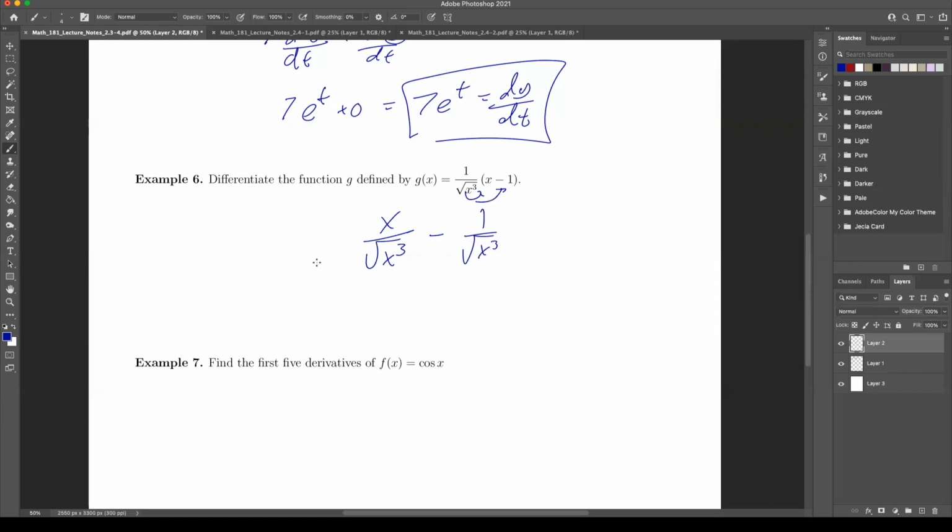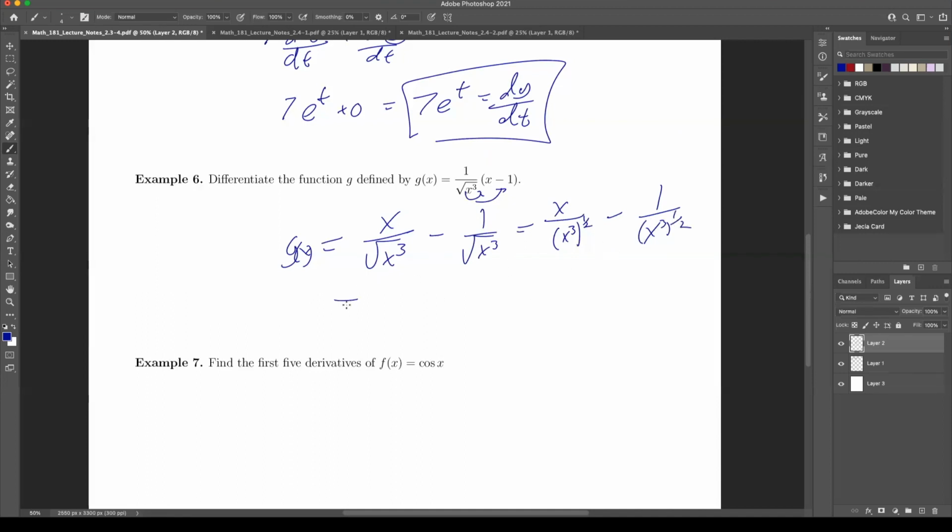The second thing I'll do, even before I take its derivative, is find g of x. So this is still g of x, but here, this is g of x over x cubed to the half minus 1 over x cubed to a half.